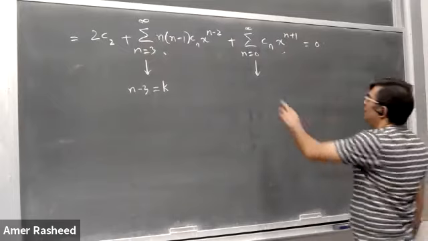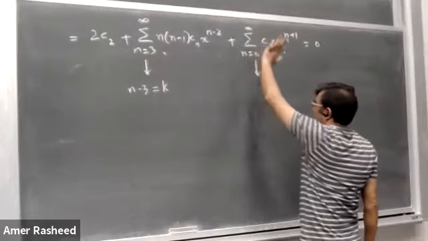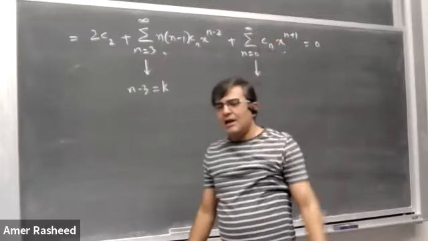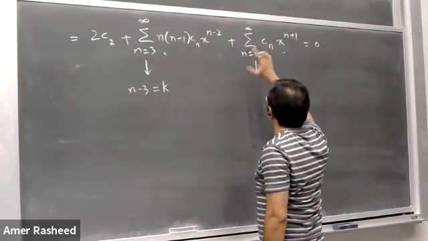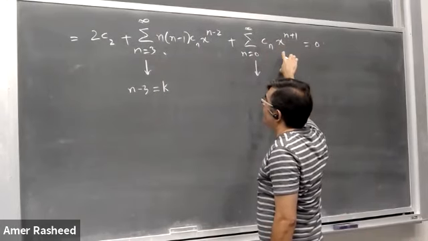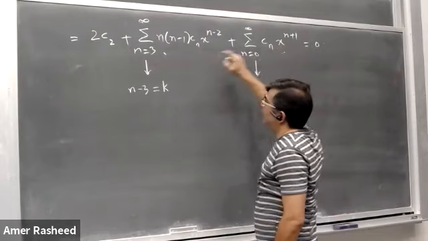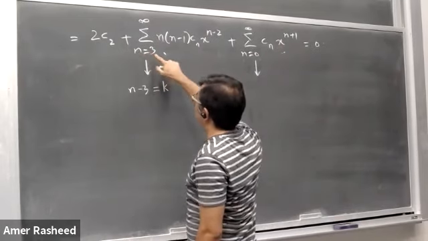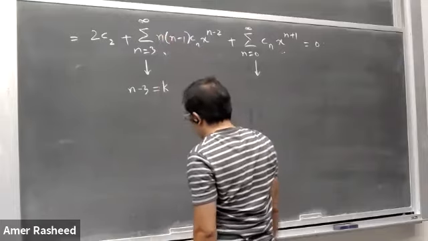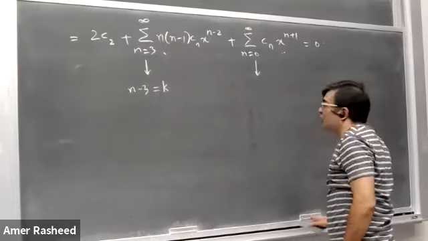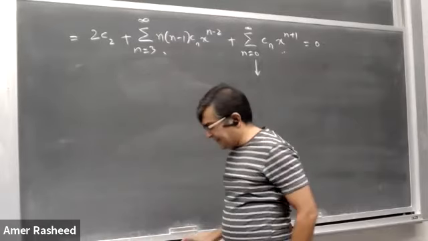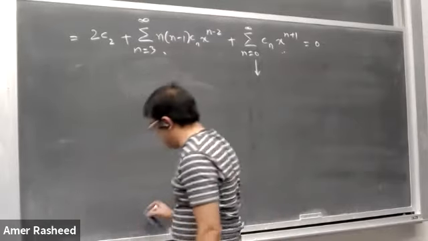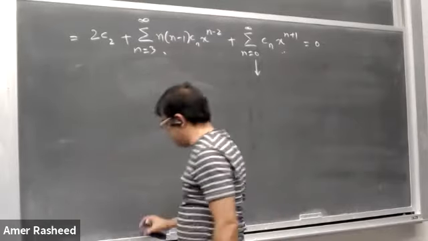I told you there are two methods. Either, if it starts from 0, you leave it as it is and make this n from 0 to infinity, or the other method, which I think is more practical. I hope you will be able to understand the other method easily. We try to make these powers identical.